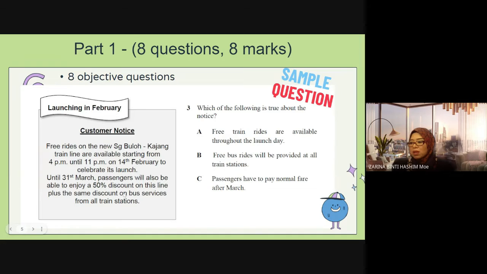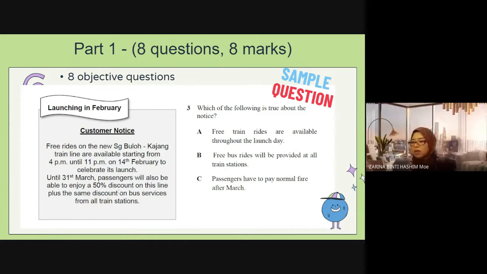They said here, until 31st March, passengers will also be able to enjoy a 50% discount on this line plus the same discount on bus services from all train stations. So that may be answer option B, free bus ride. Then option C, passengers have to pay normal fare after March.